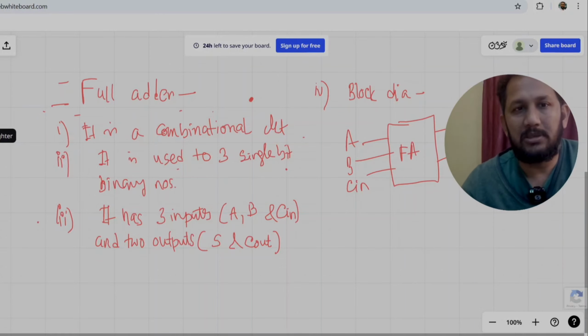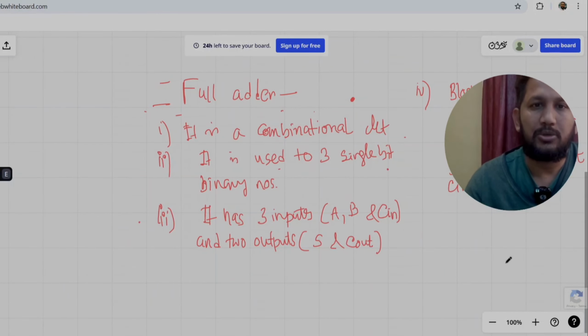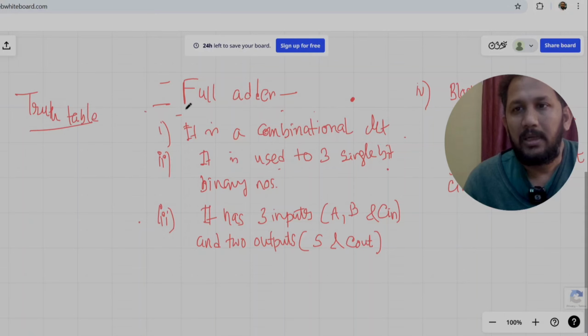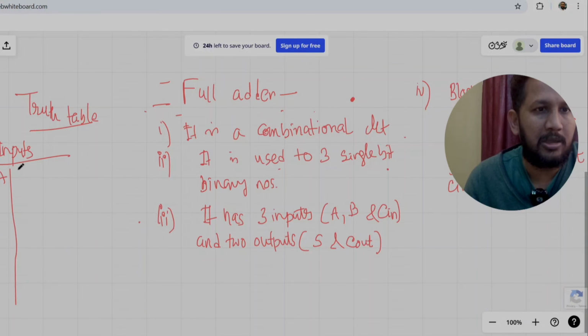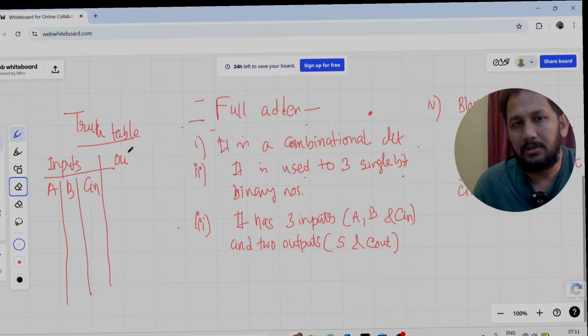Now the truth table. We need to create the truth table. It consists of three inputs, A, B, and C in, and there are two outputs.